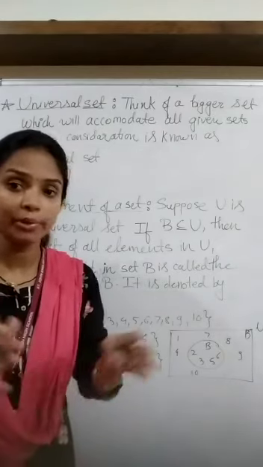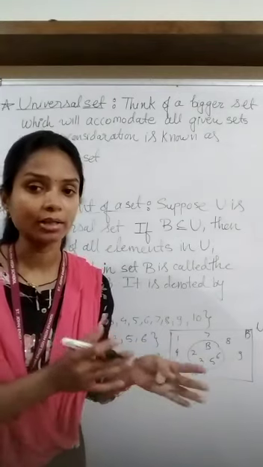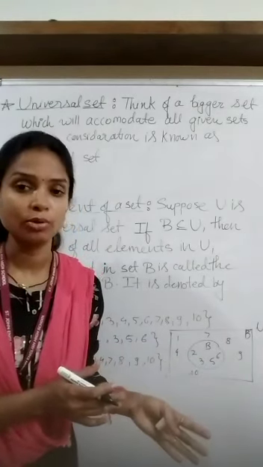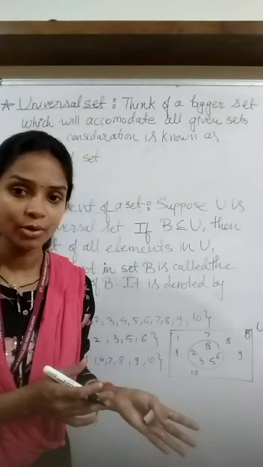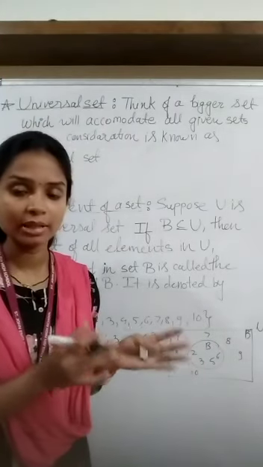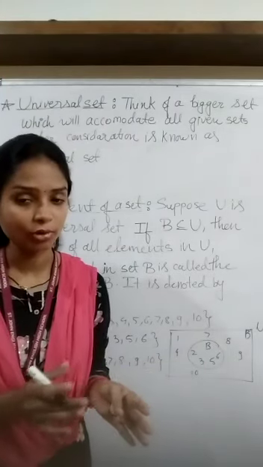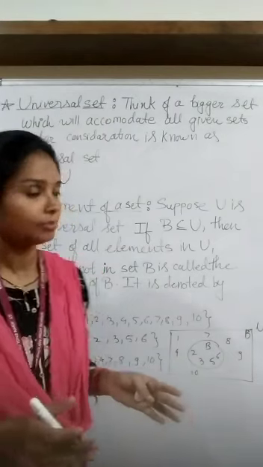But for you, what will be the bigger set? You all are part of your respective school. So school will be the universal set. It will be that set which is the bigger one set for all the remaining sets.